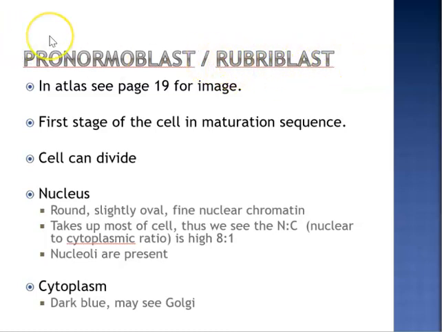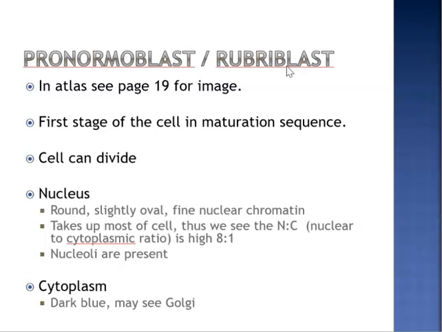So for this first step, in the normoblastic system it is the pronormoblast, but for the rubriblastic system, the first step is known as the rubriblast. Those can be used interchangeably for my purposes, but it is a different naming system.